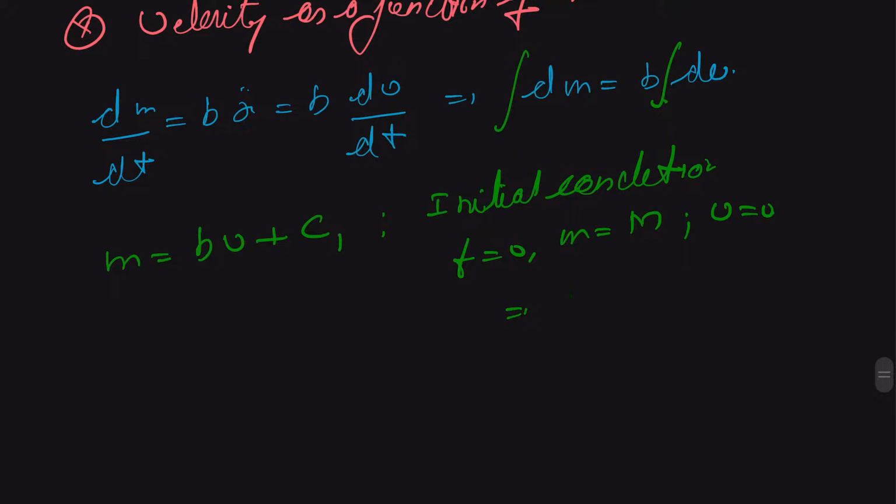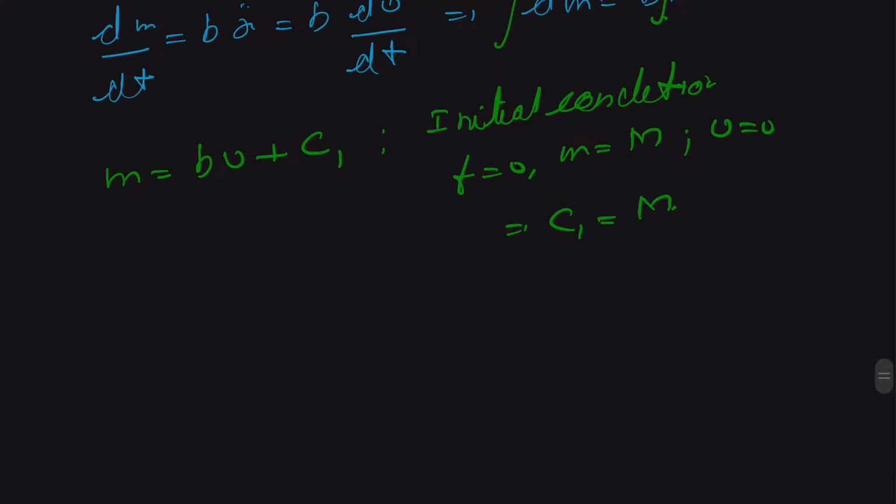So based on this we can say that the constant c1 is equal to capital M. Therefore the velocity as a function of mass will be equal to m minus capital M divided by b.